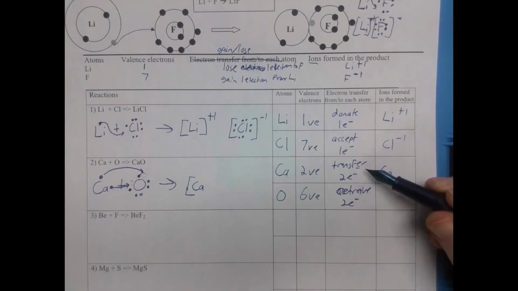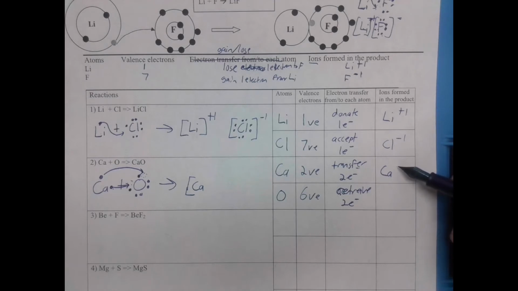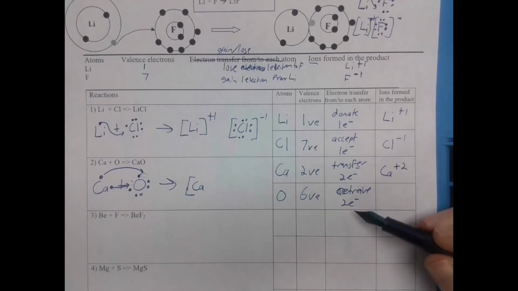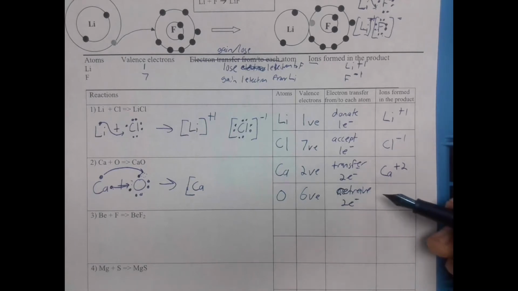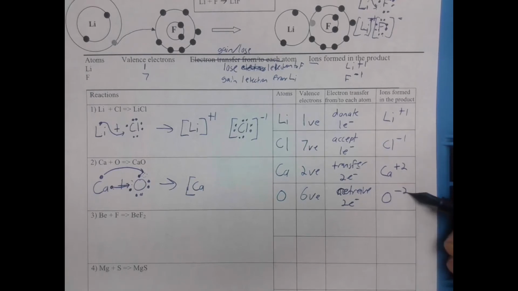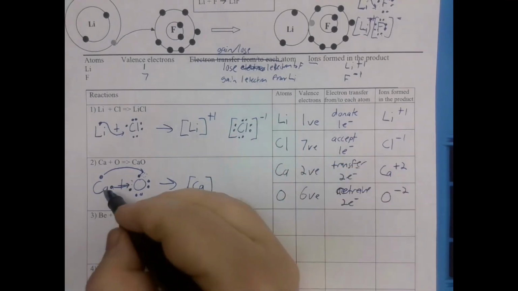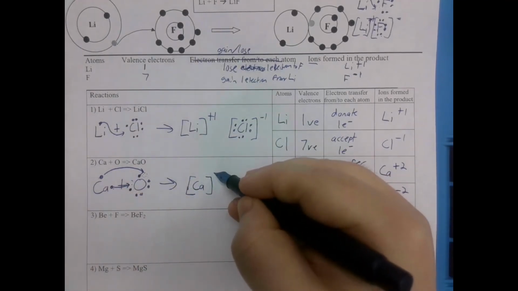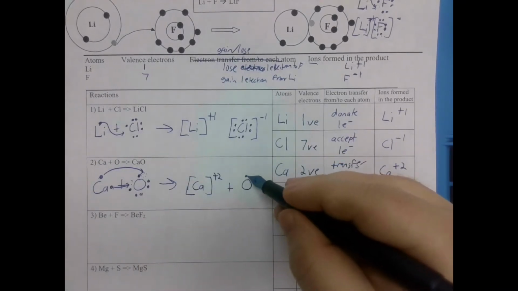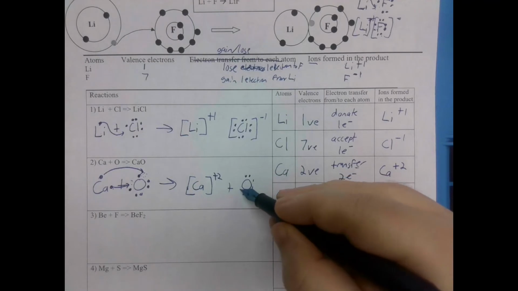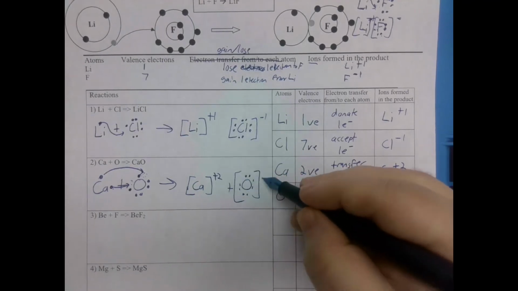Plus 2. And if it's receiving 2 electrons, it would get minus 2. It's getting 2 negative charges, so it should have negative 2. So we're removing the 2 dots, making this plus 2, and we're gaining 2 dots around oxygen, making this minus 2.